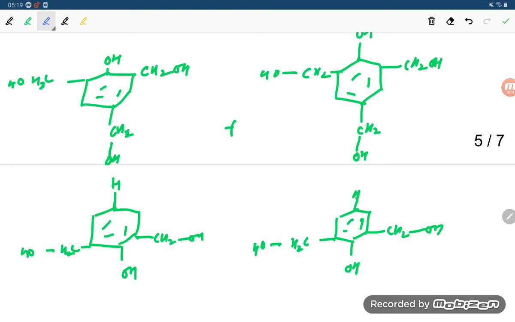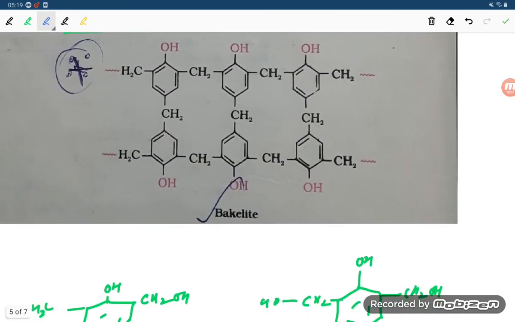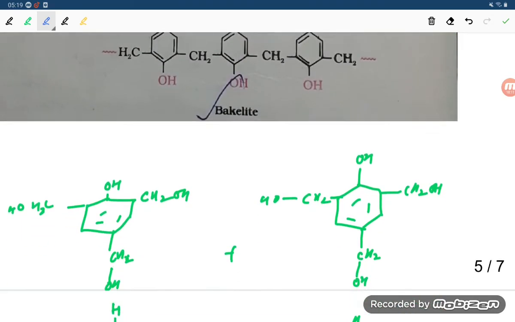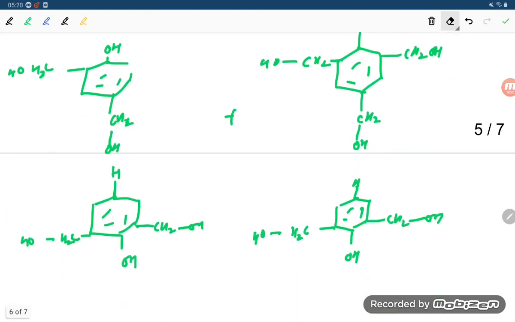Now, what is happening in all these cases, students? There will be loss of water molecules. In some places we are taking this group, and in some places we are not taking it, wherever it is required.